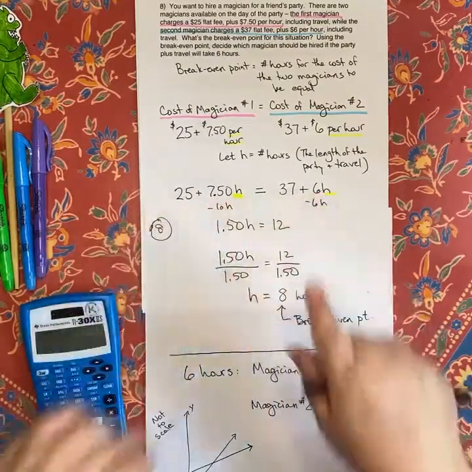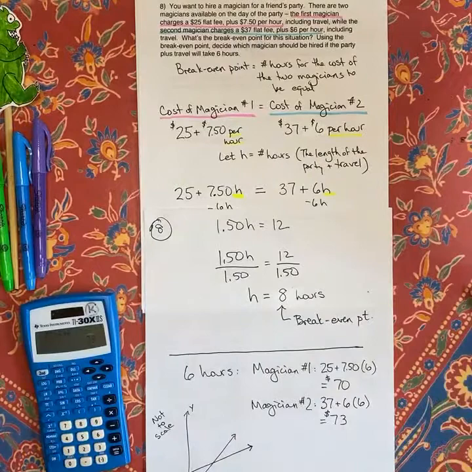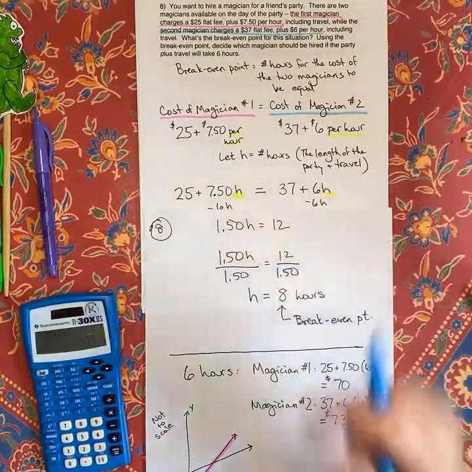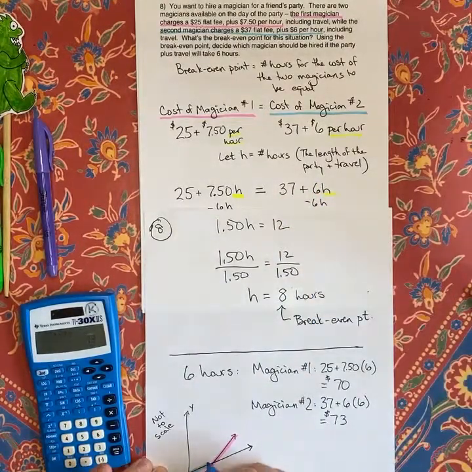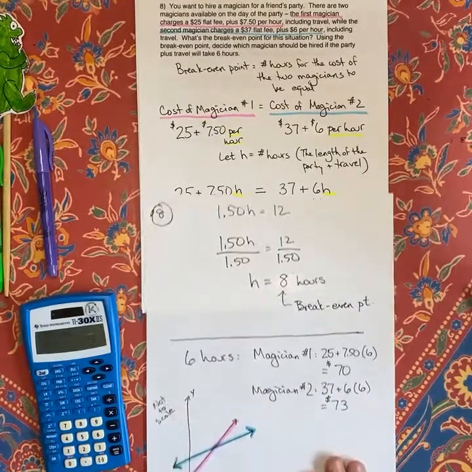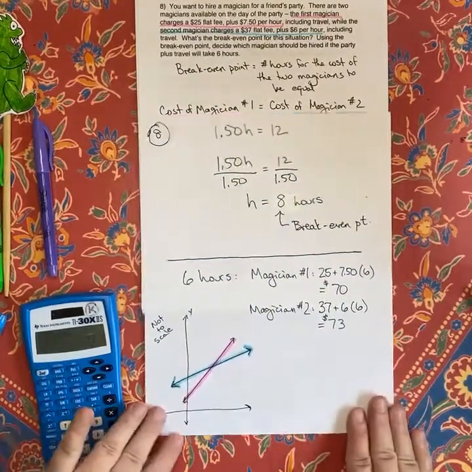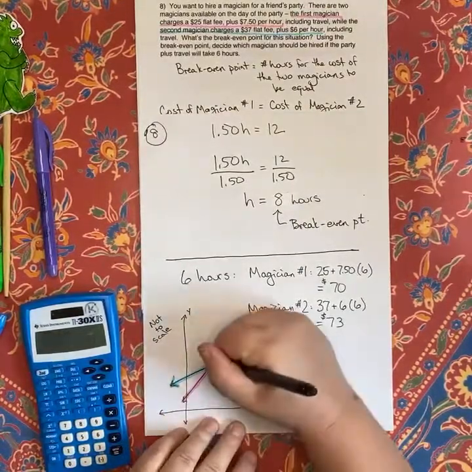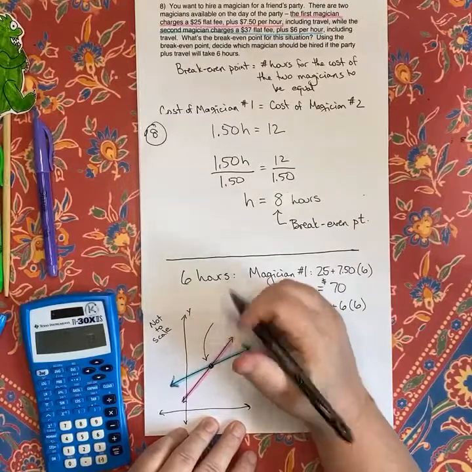So I'm going to claim that the lower intercept but the higher slope, the steeper line, is this one, the pink one. And the higher initial cost but the lower slope is this one. And can you guess, let me move this back up, can you guess where the break-even point is? You got it. It's right there. Oh, that was exciting, wasn't it?